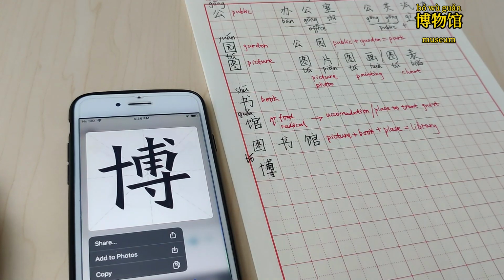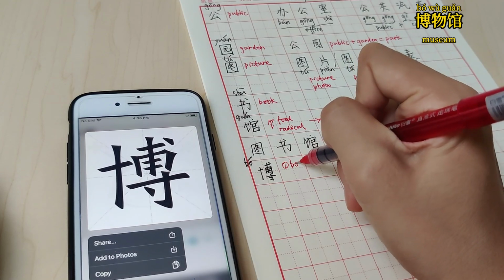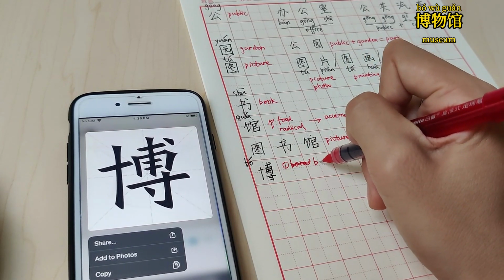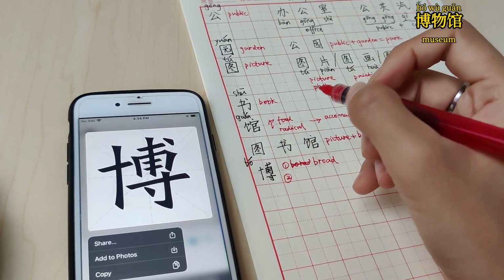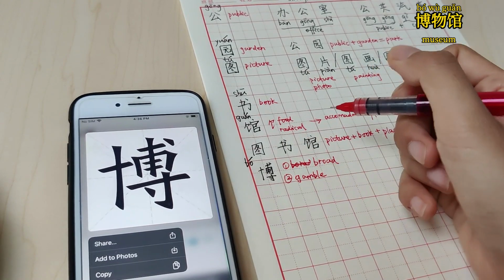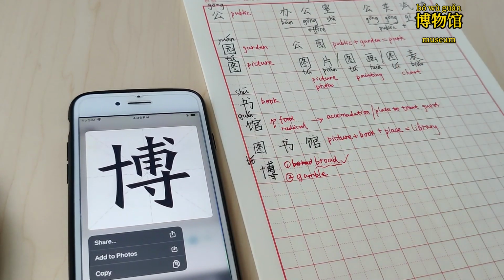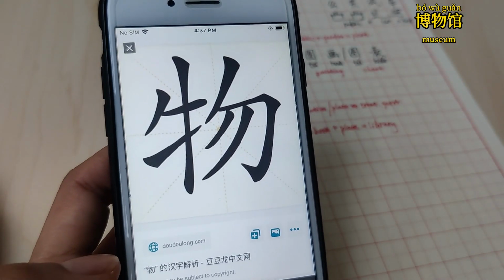And the 博 itself has two meanings. One is broad. The second meaning is gamble. And in this case, 博物馆 means broad. Let's continue with the second word. 物.